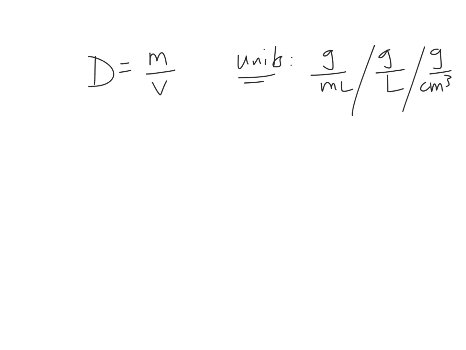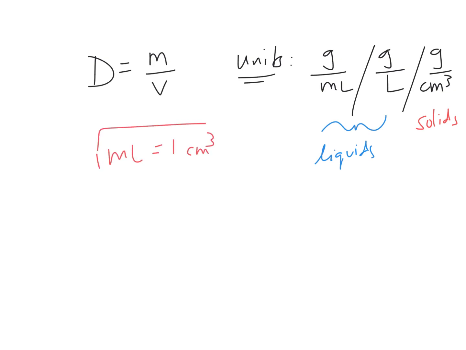Generally speaking, although it's not ubiquitous, the first two are used for liquids, and this one is generally used for solids, but that's not always true. You can use cubic centimeter synonymously with milliliter. Remember, 1 milliliter is equal by definition to 1 cubic centimeter, so it doesn't much matter which unit you use.